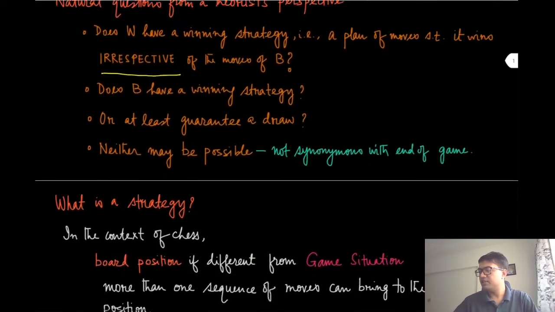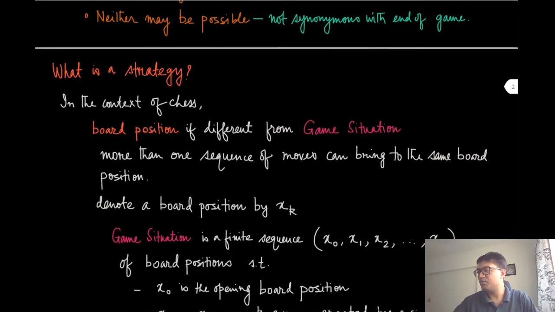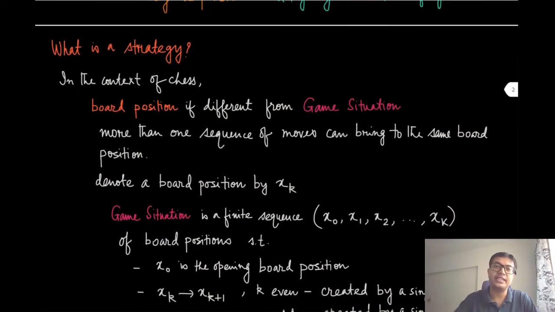Now this brings us to a more formal definition of what a strategy is. We have earlier said that it is a mapping from the game situation, or maybe the state of the game, to the action. Whenever you are given a specific game situation or a state of the game, it is going to pop out one action.